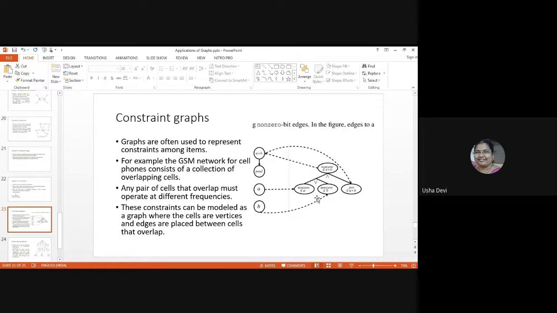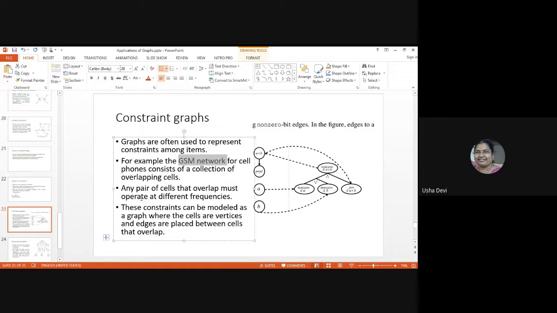For example, we have a GSM network for cell phones and mobile phones. It consists of a collection of overlapping cells. We have one cell here, another cell there, and simultaneously multiple calls come in, and that should be reflected with the help of this constraint graph.